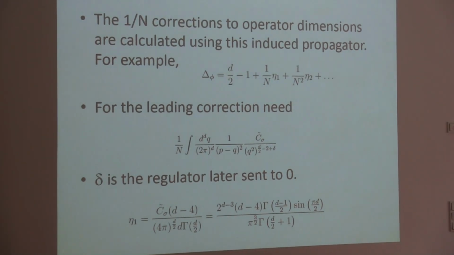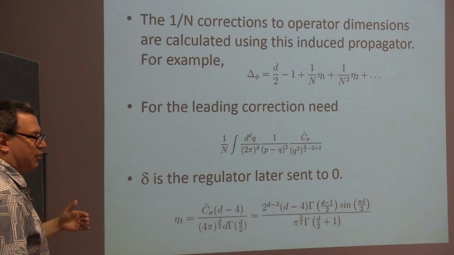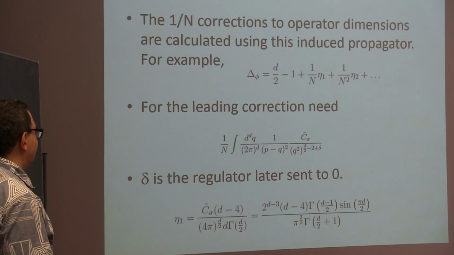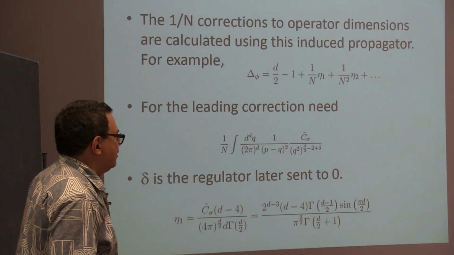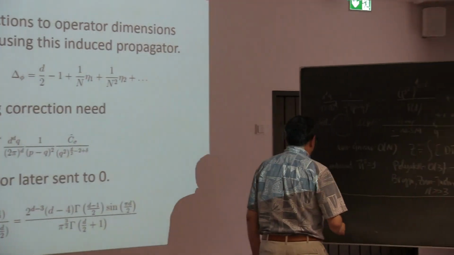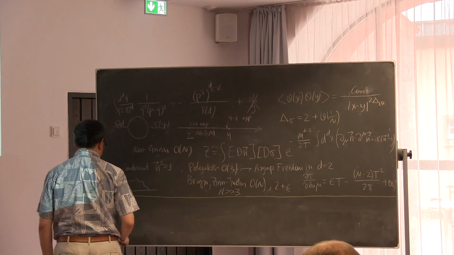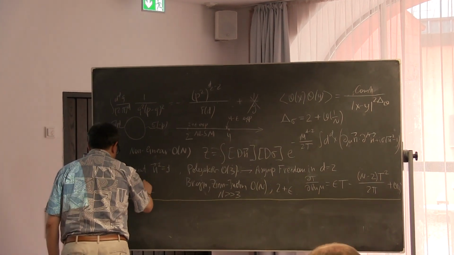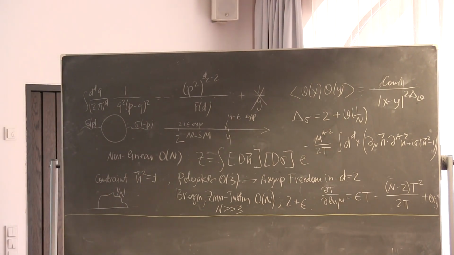In particular, the bare dimension delta sub phi is just d over 2 minus 1. So in the leading large n limit, the field just has free dimension, right? This is the engineering dimension of the phi field. And eta 1, the 1 over n correction, just comes from attaching the sigma propagator, right? So you basically want to take this phi field and attach the sigma propagator, and this gives you a factor 1 over n. And the integral that you need to do, this is the sigma propagator, right?